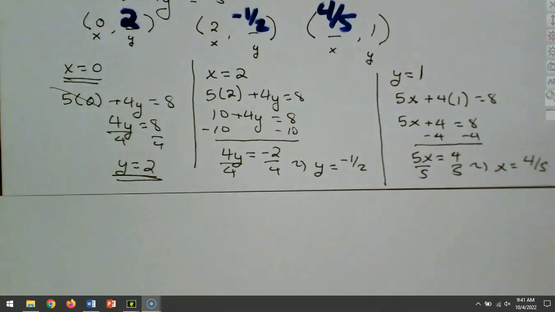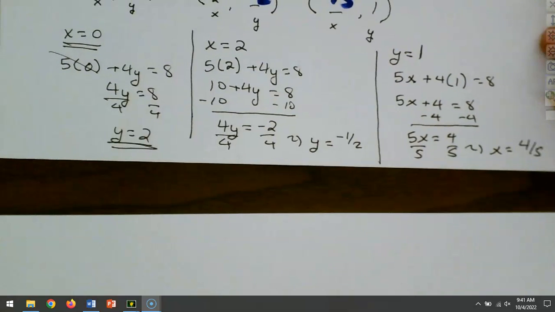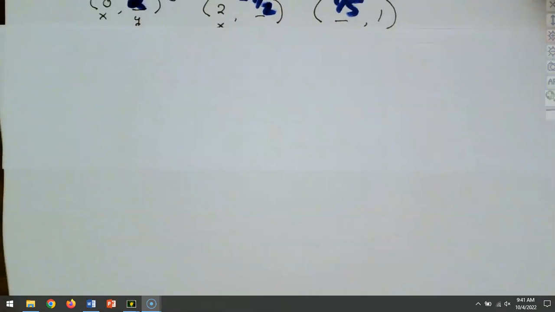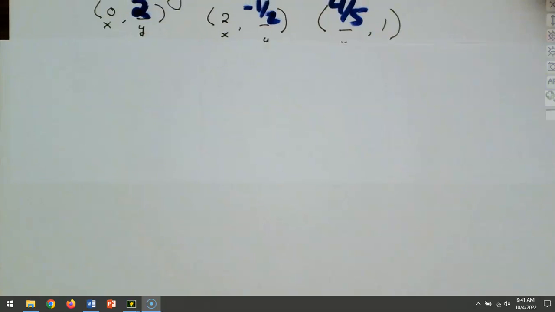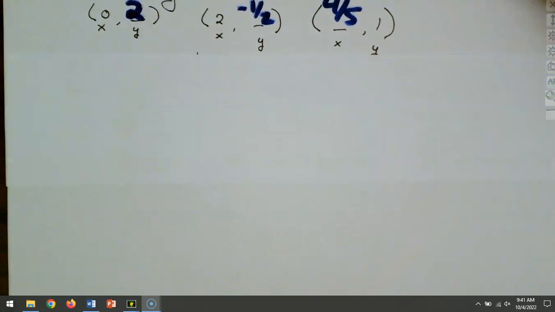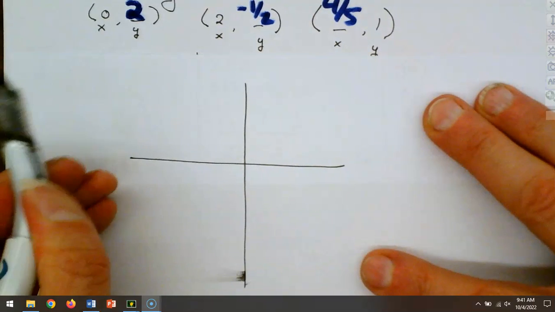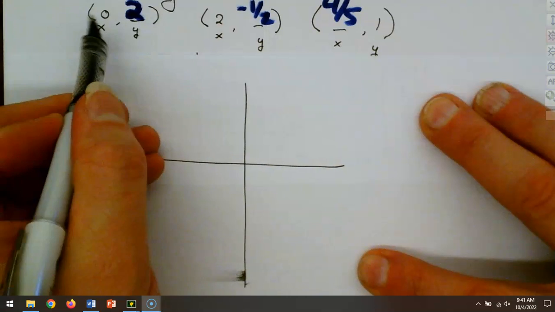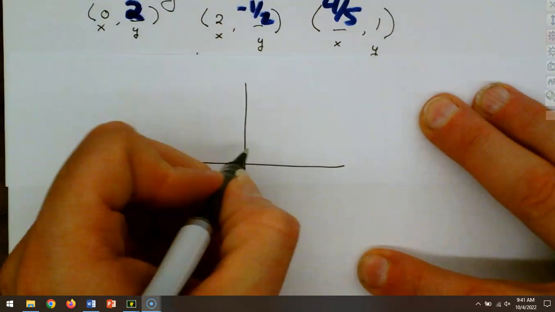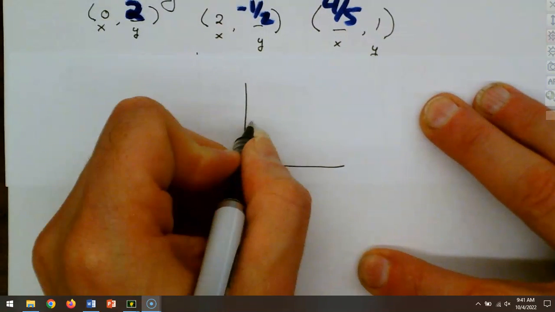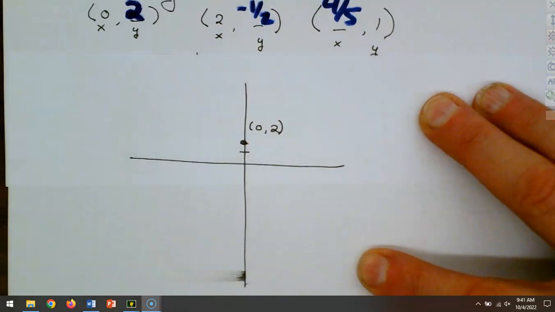Okay, move it up now. So these are our ordered pairs, and we're now going to go ahead and plot them. When we plot them, we begin with 0, 2. So that's at 0 on the x-axis and up 2. So there's that point.